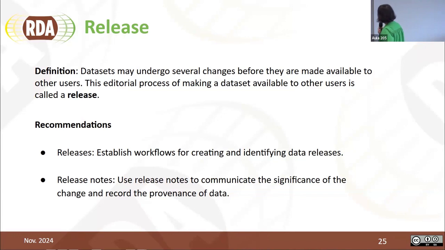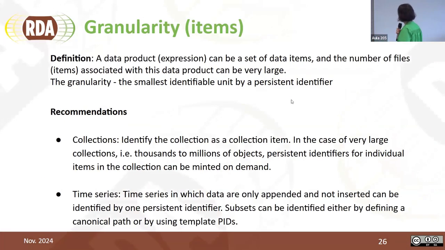So if there are no comments, we can move on to the next recommendation. That's about granularity and items. The definition of granularity is related to the data product, as a collection that may have a set of data items.